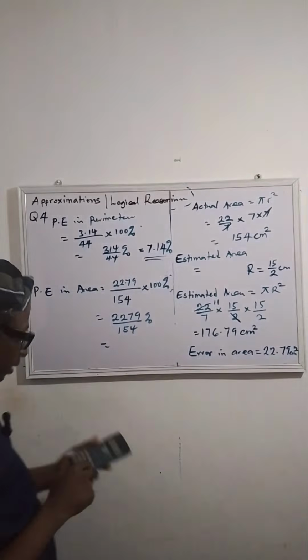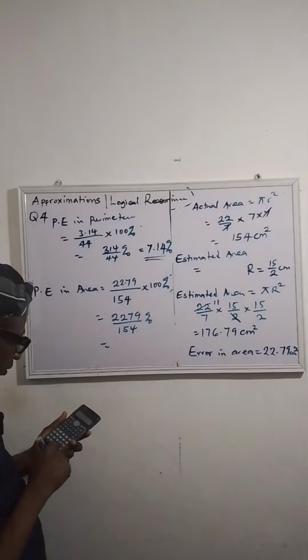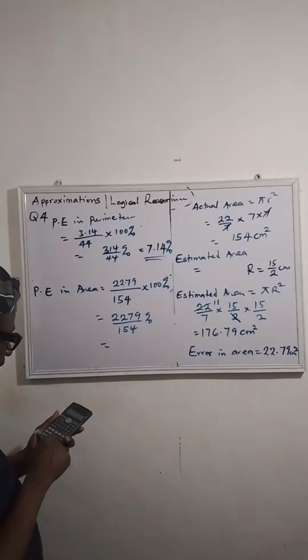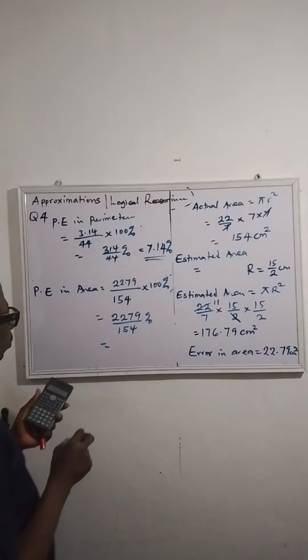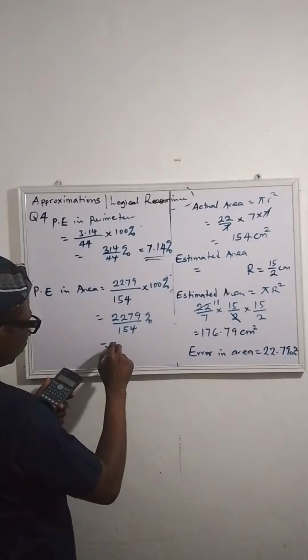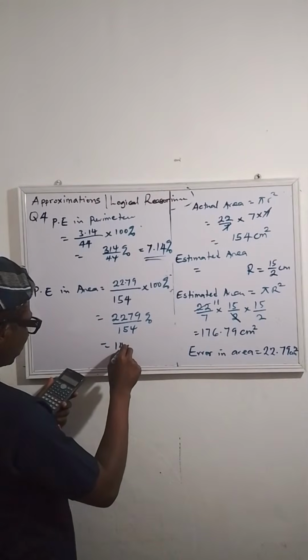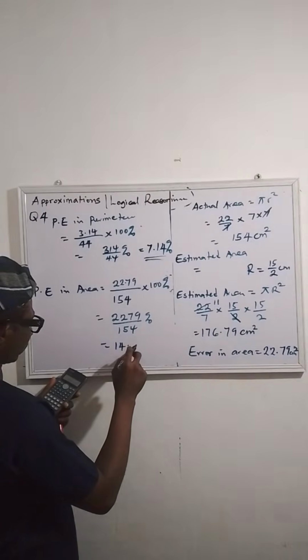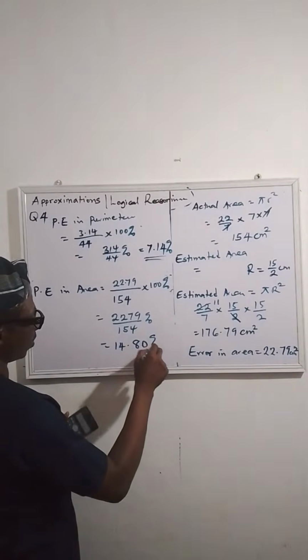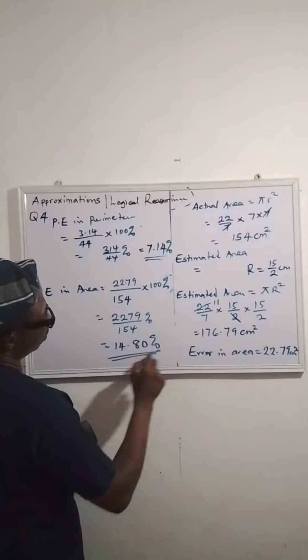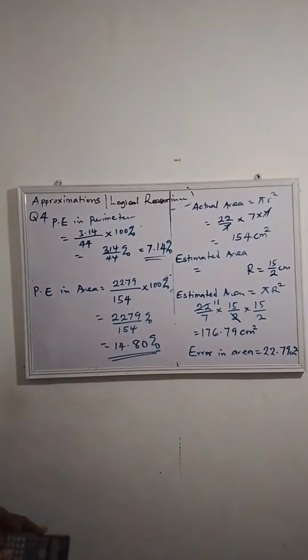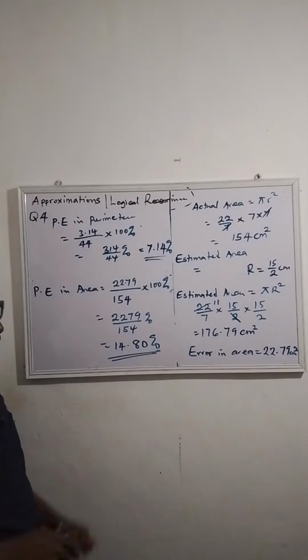So when you divide this, what do you have? Okay, so divide by 100. So what you have is 14.80%. So that is what you have as percentage error in area of the circle.